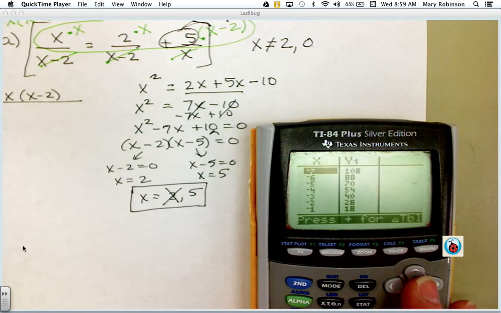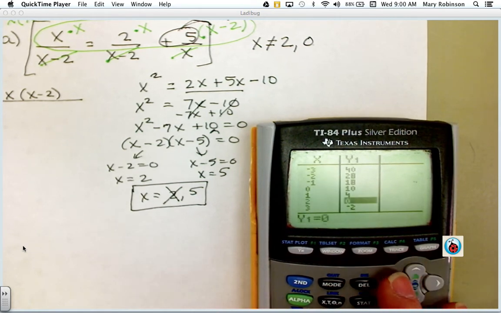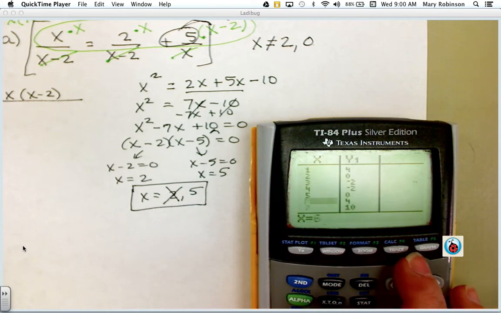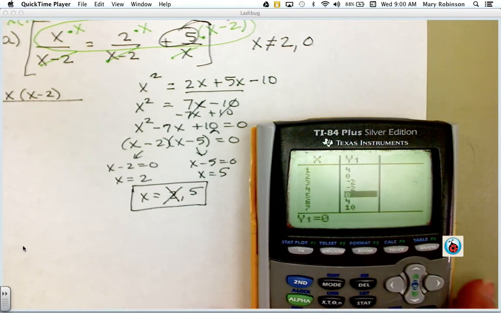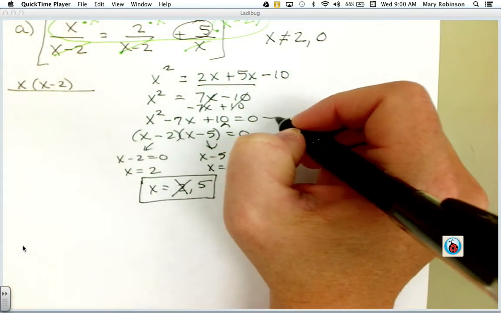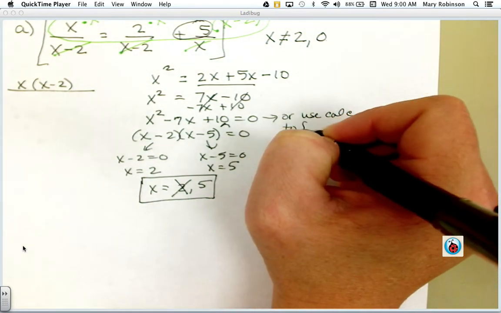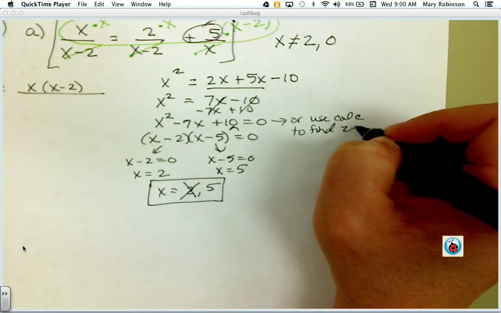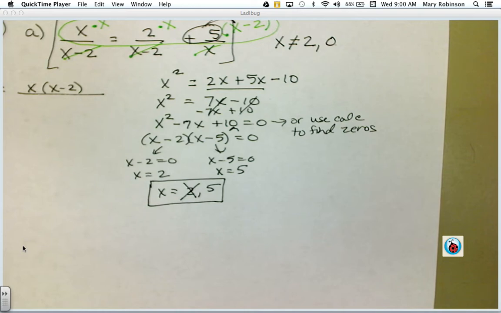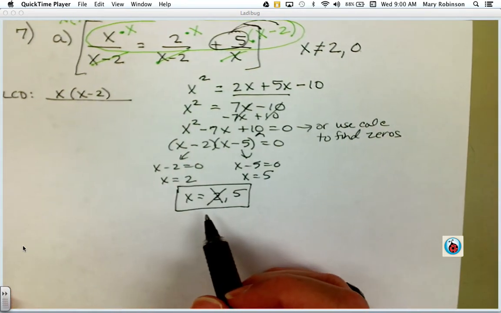If we look at our table, we see the ordered pairs 2, 0 and 5, 0. So we can use our calculator once we get to this point if you have trouble with factoring. But remember to state your excluded values.